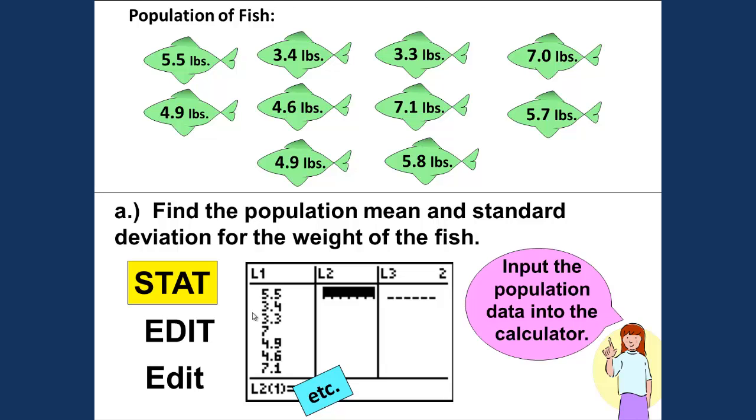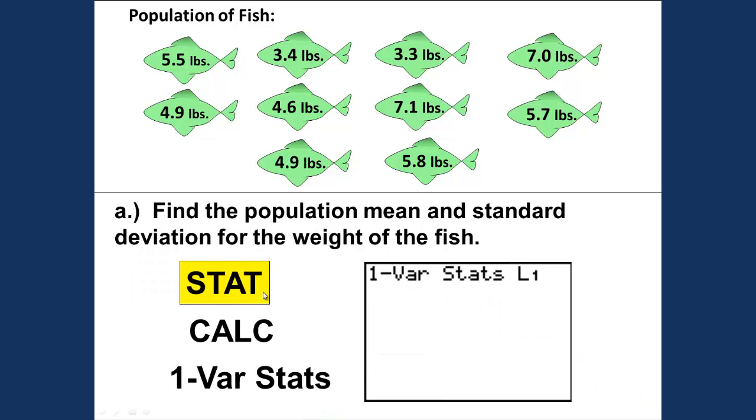You will not see all of those listed on the screen here. There are extra numbers at the bottom. Please double check your data, because if you put the wrong data in, you will get the wrong answer out. Then you will press Stat, over to the word Calculate, and choose one variable stats.